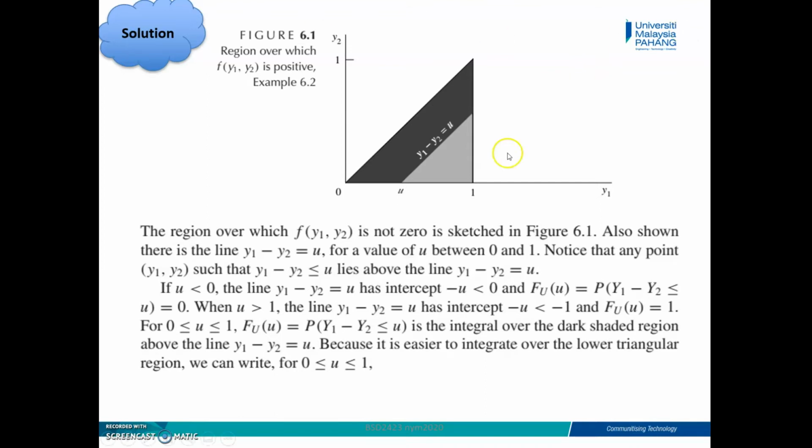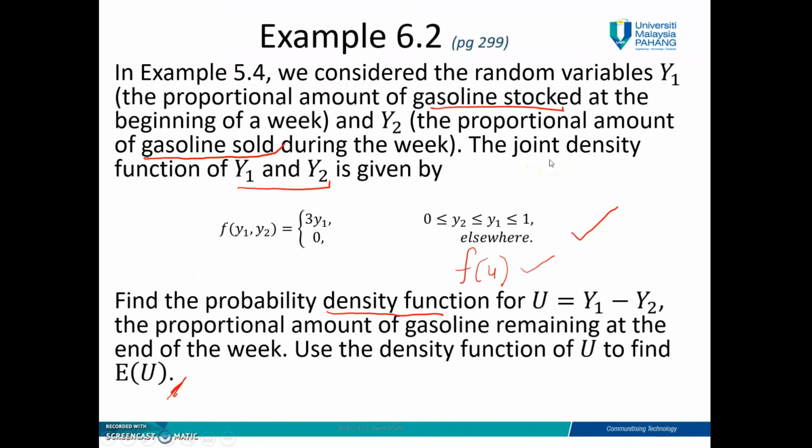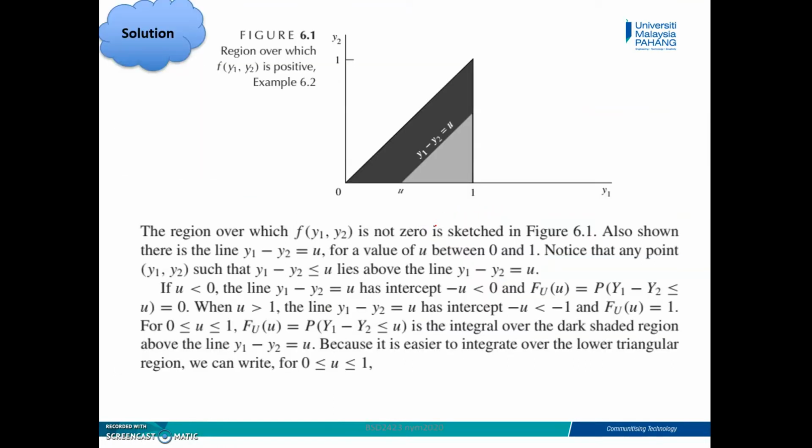Here you can see that y2 is less than y1, but both values y1 and y2 are between 0 and 1. Also shown is the line y1 minus y2 equal to u. So you will have y1 minus y2 equal to u for values of u between 0 and 1.